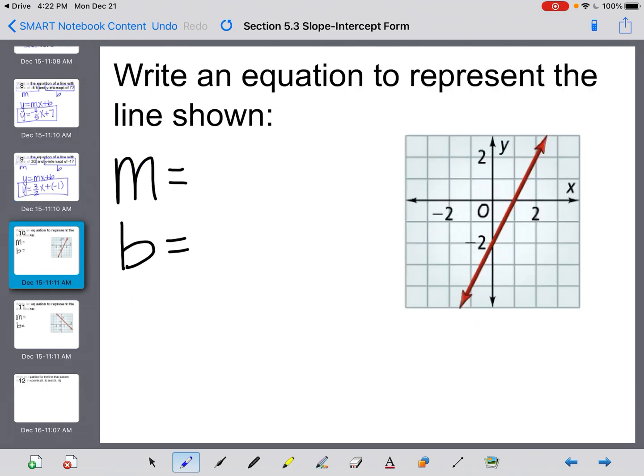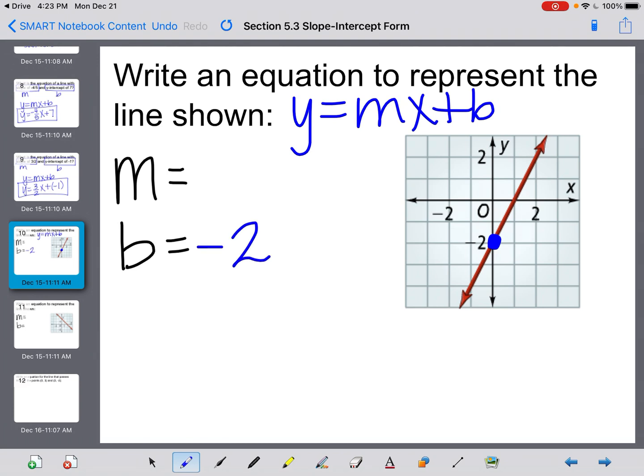Okay, now it's going to get a little bit more complex. They're going to give us the graph and they're going to ask us to write the equation to represent that line. But we still need the same 2 things. Because this is linear, we have y equals mx plus b. We still need the slope and the y-intercept. Y-intercept is probably the easiest to find because it's wherever our line crosses the y-axis. So right there at negative 2, we know our b is negative 2. Then we need to find our slope.